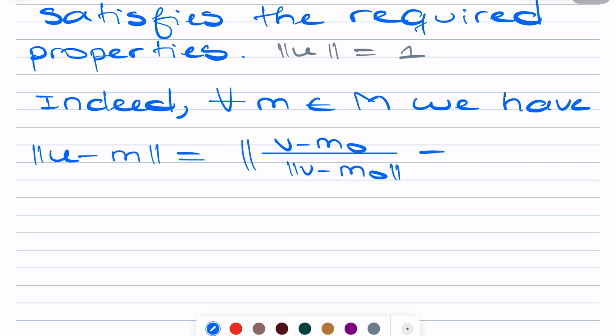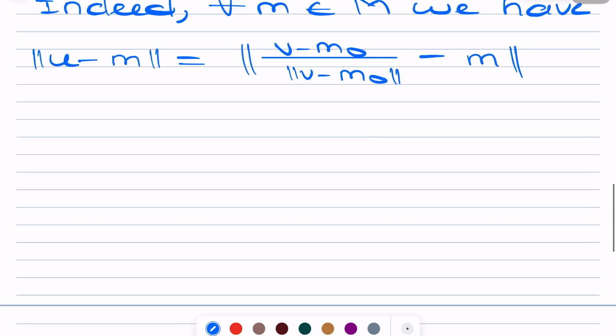So this is this minus this, right? And now, well, just expanding the difference. So this will be the norm of V minus M0 plus M times the norm of V minus M0, right?